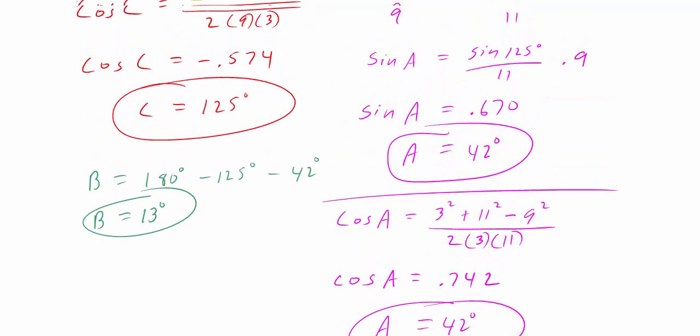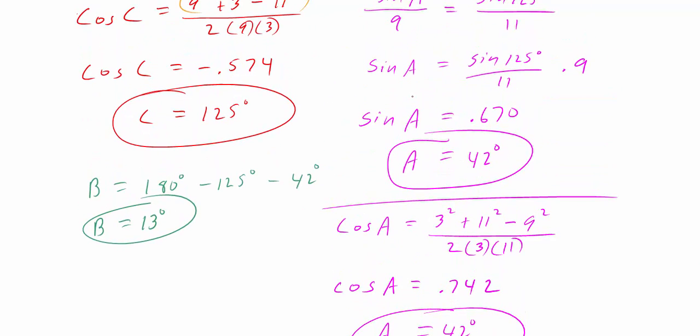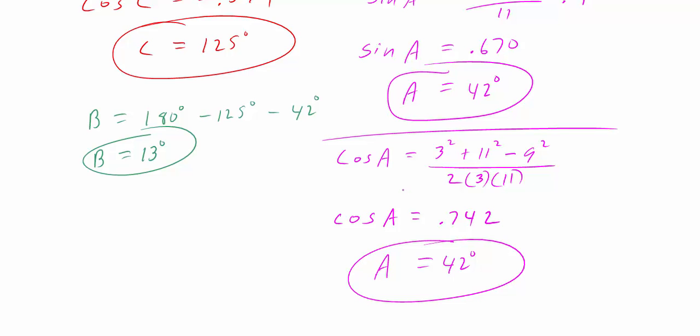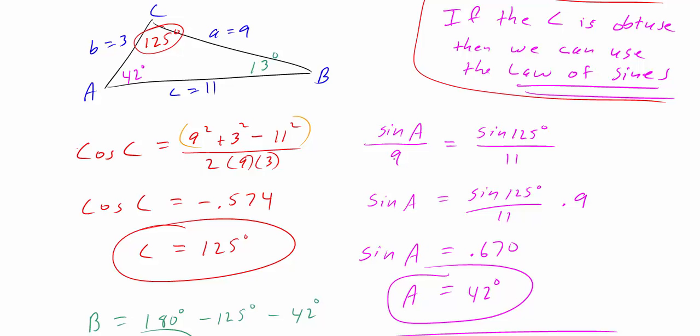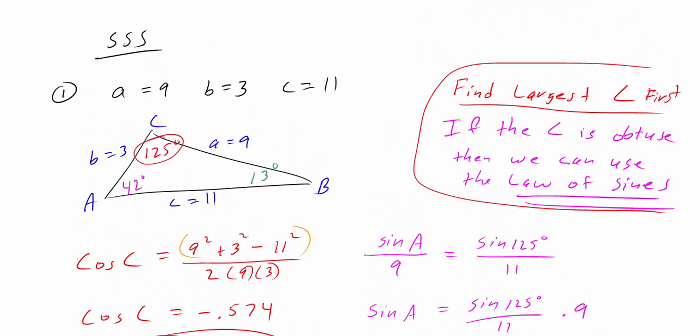So if you don't want to have to worry about whether you can use the law of sines or not, we can always just use the law of cosines. I'm not going to go into the detail here, but the reason we can't really use the law of sines if the first angle we find isn't an obtuse angle is that when we used the law of sines, we ended up with situations where we could have two solutions.